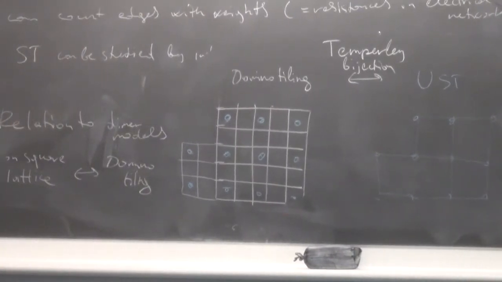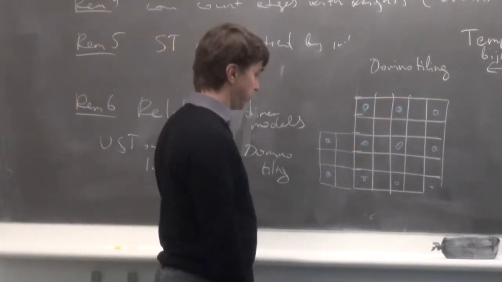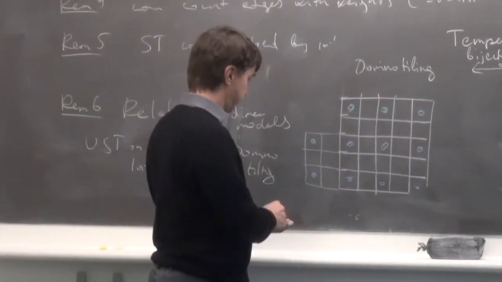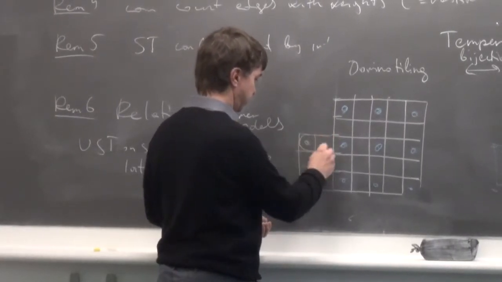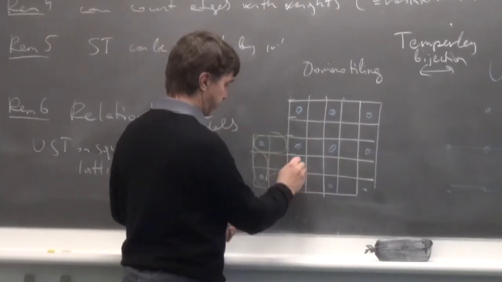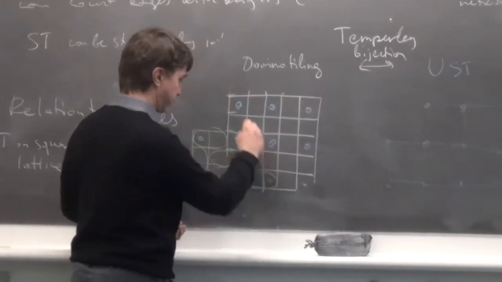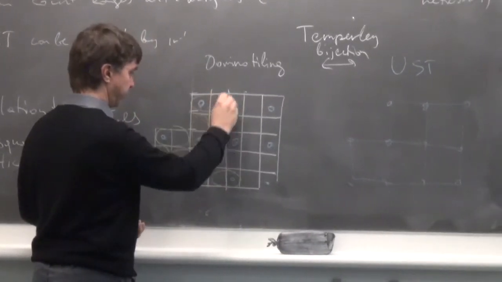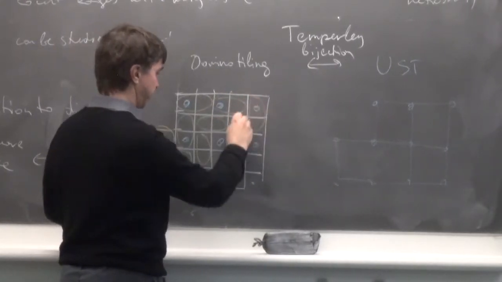So suppose we have a domino tiling of a domain. So let me draw some domino tiling. So how do I do it? One domino, another domino, another domino, another domino, another domino, another domino, another domino, another domino, another one, another one.